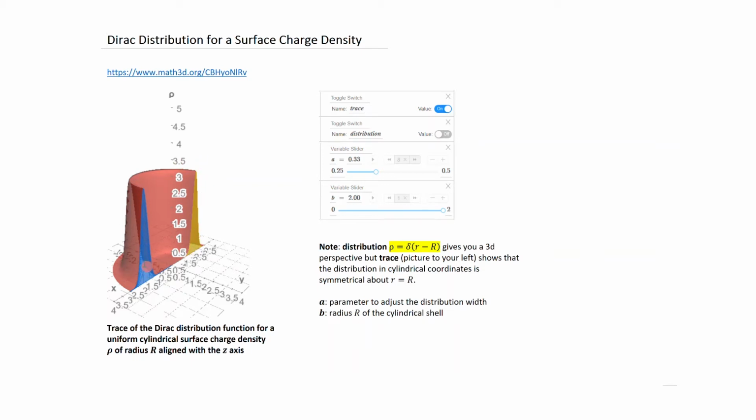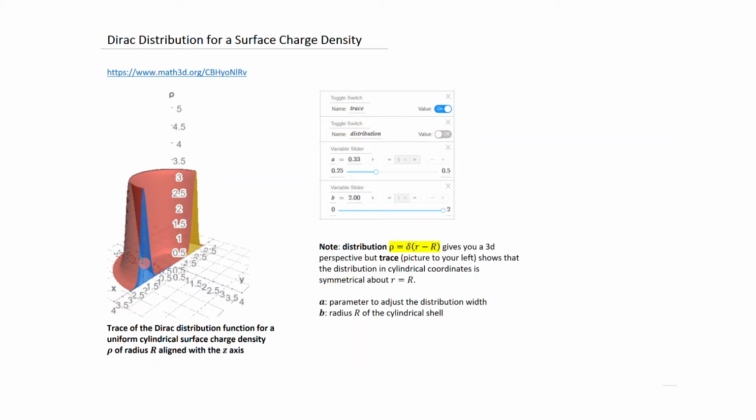We only get to look at half of this cylinder, and you can see here on this side, this has even symmetry, right? And if you let the width of this go to 0, by adjusting this parameter A, then this will start to peak. This becomes larger, and this gets narrower. So this is a way of visualizing a Dirac distribution for the case where we're dealing with a surface charge.